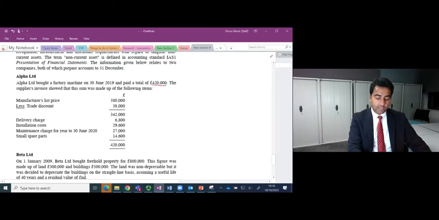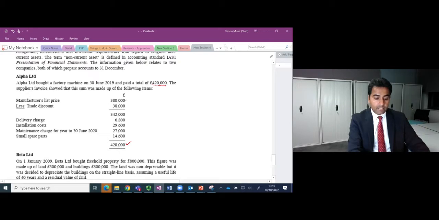total cost of £420,000. This is the total money or the amount paid by Alpha for buying this machine. Alpha cannot capitalize the whole amount of £420,000 in his statement of financial position. Therefore, we need to identify which expenditures are not allowed.